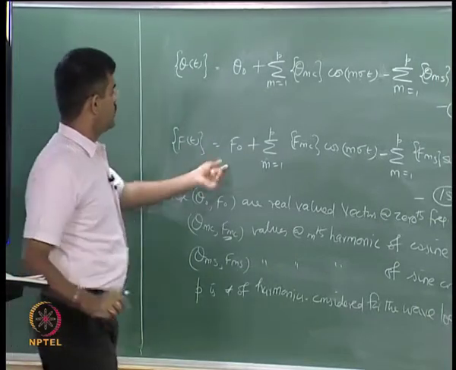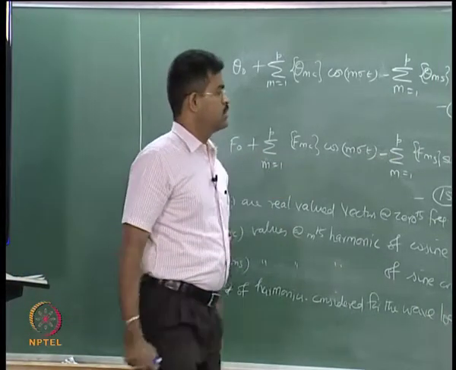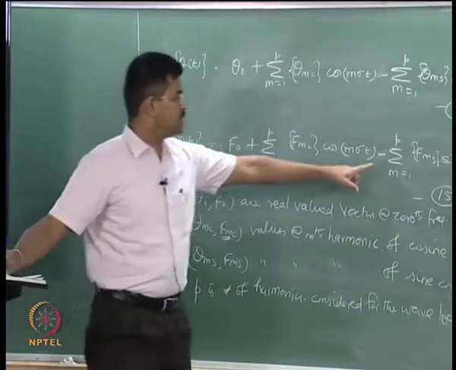I can also find F0, Fmc and Fms in integrable form, because they are in summation series.